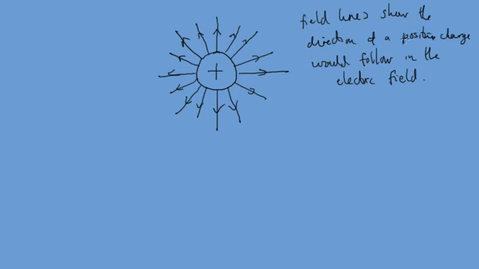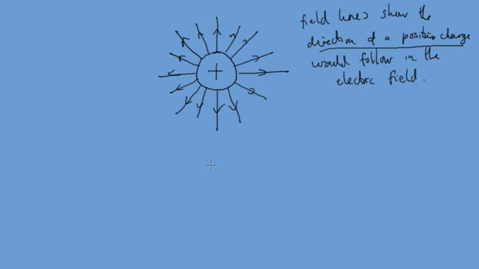And that's important when we draw field lines. Every time we draw a field line, we're always thinking that it's showing the direction a positive charge would follow in this electric field.